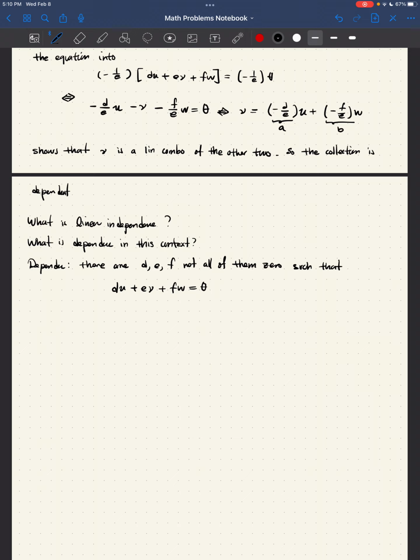So independence being the negation of dependence would be something like this.